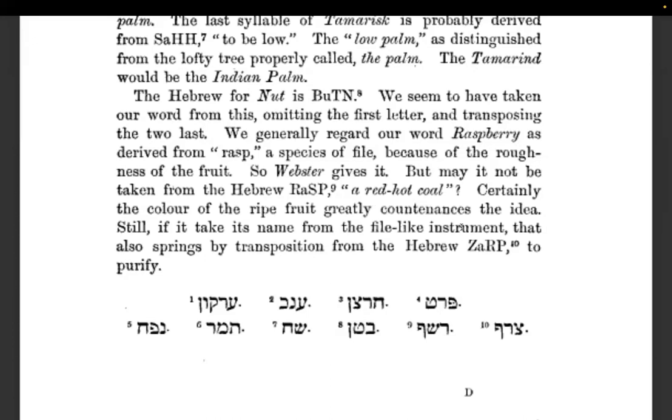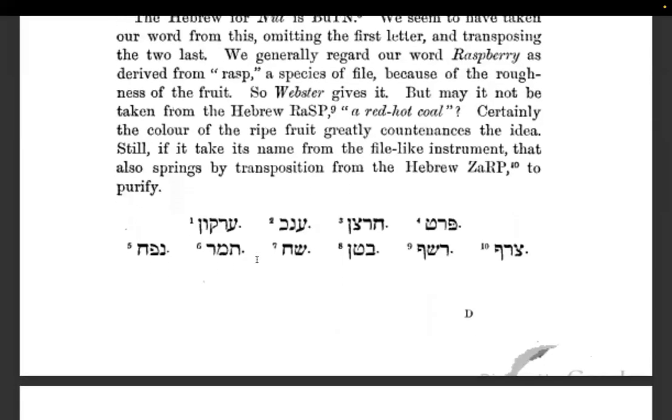A red hot coal. Certainly, the color of the ripe fruit greatly countenances the idea. Still, if we take its name from the file-like instrument, that also springs by transposition from the Hebrew zarap, to purify, and that would be zarap, zaudi, resh, pei.